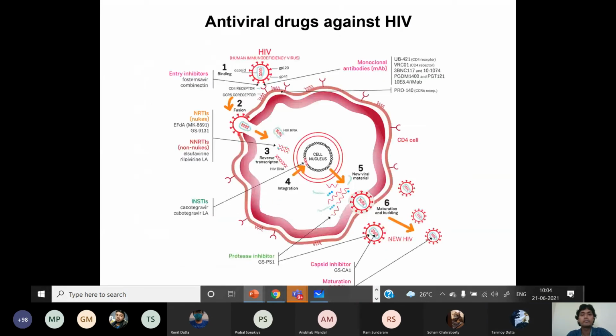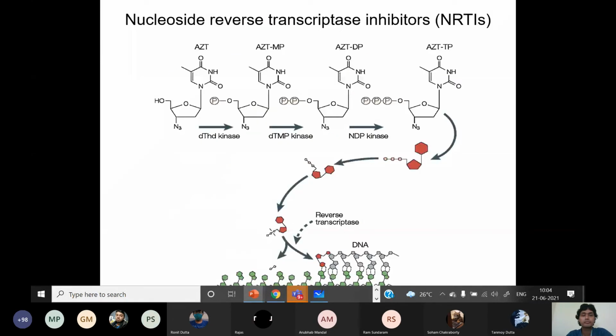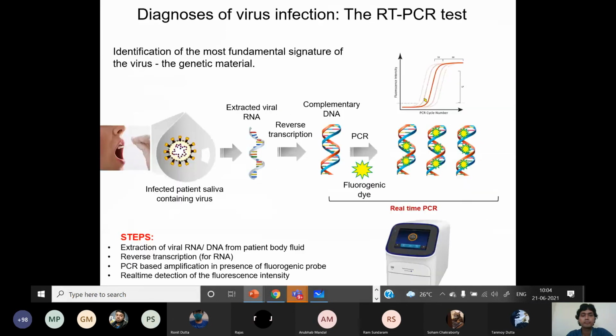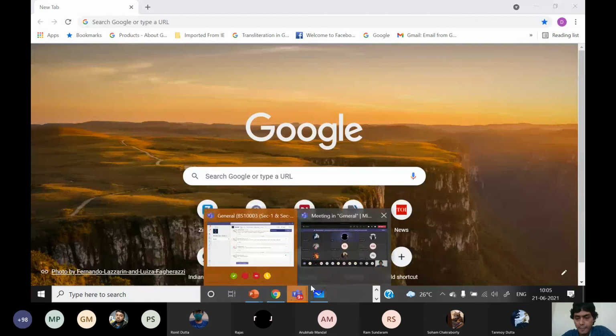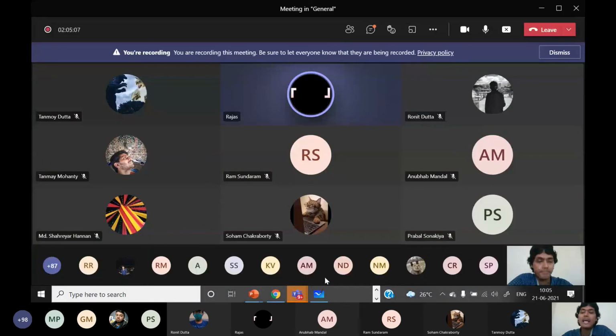Just a small doubt: do non-equilibrium viruses directly kill the host, or does it also include viruses that indirectly kill the host? Because HIV does not directly kill the host; it weakens our immune system. Yeah, I get your question.